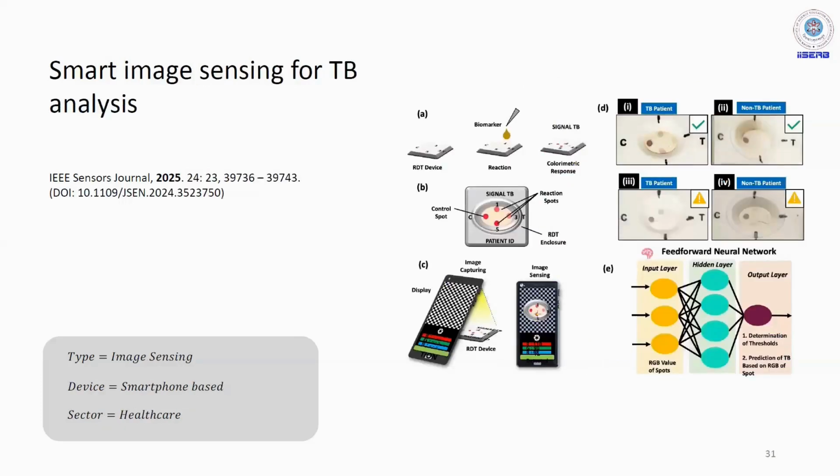And then recently, we also have developed an image sensing technique for TB analysis. This is in the healthcare domain, in collaboration with AIIMS Bhopal. They have identified 5 different unique biomarkers, and these biomarkers show some colorimetric changes on their device. They have developed a device which is known as RDT, Rapid Diagnostic Test device.